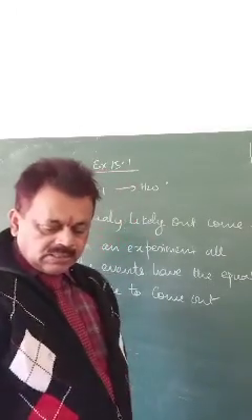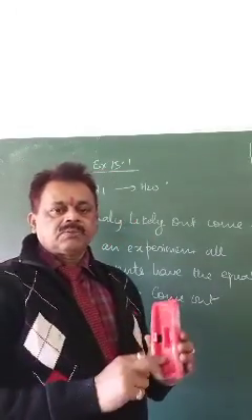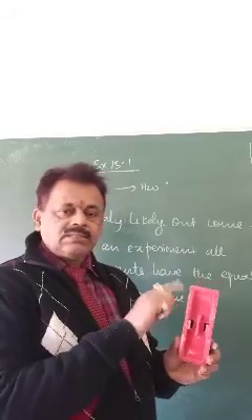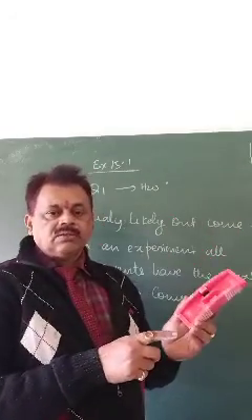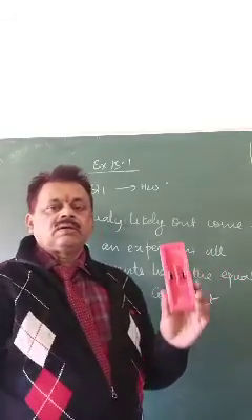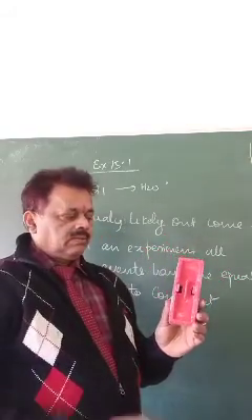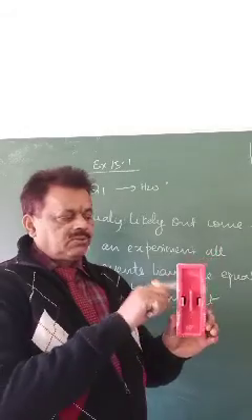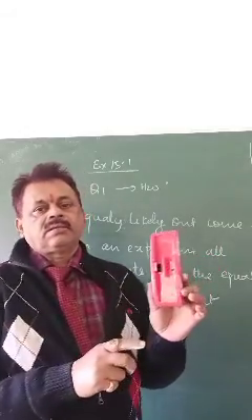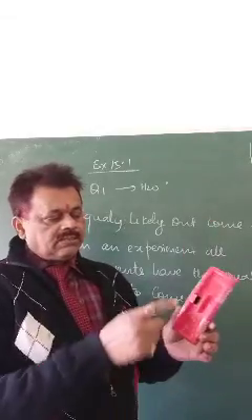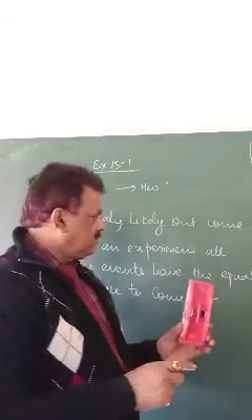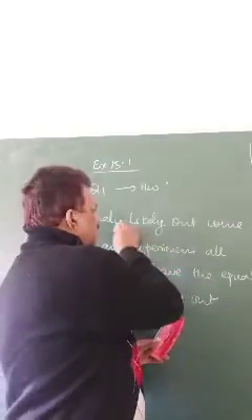For example, there is a coin, suppose. It has head, it has tail. When you throw it, either head will come or tail will come. So that is called equally likely.